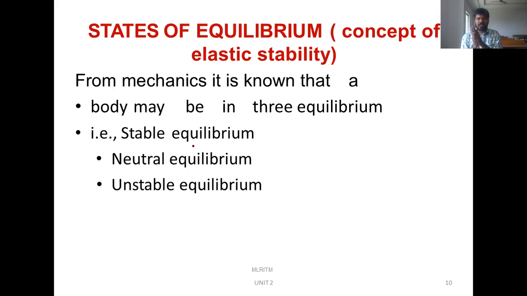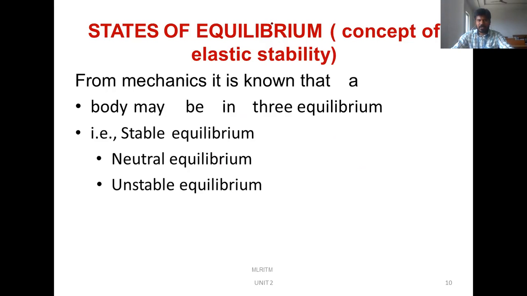Neutral means nothing happens to the profile of the column. Unstable means it can fail at any state. We can understand this through concavity and convexity.